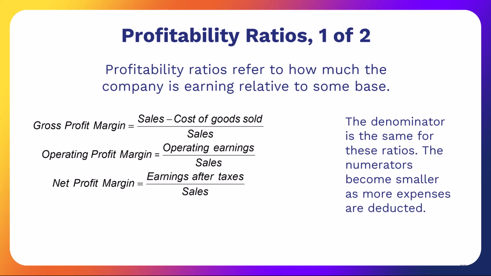Gross profit tells us how well managers are controlling expenses of selling and producing products. It is sales minus its cost of goods sold, divided by sales. It talks about how we control those expenses.